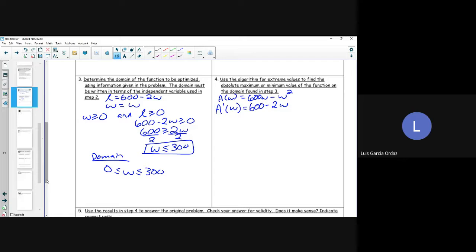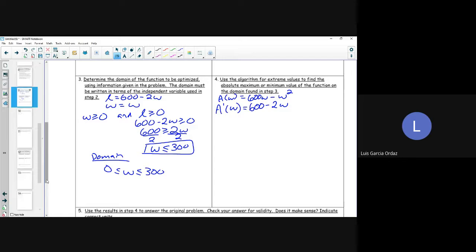Perfect. So now all I have to do is set A prime of w equal to 0, because that's going to give us our maximum when A prime of w is equal to 0.